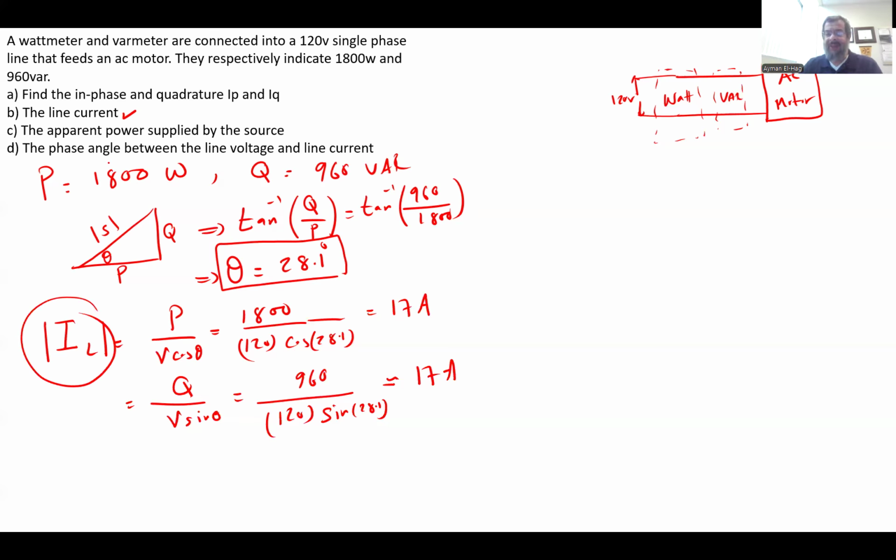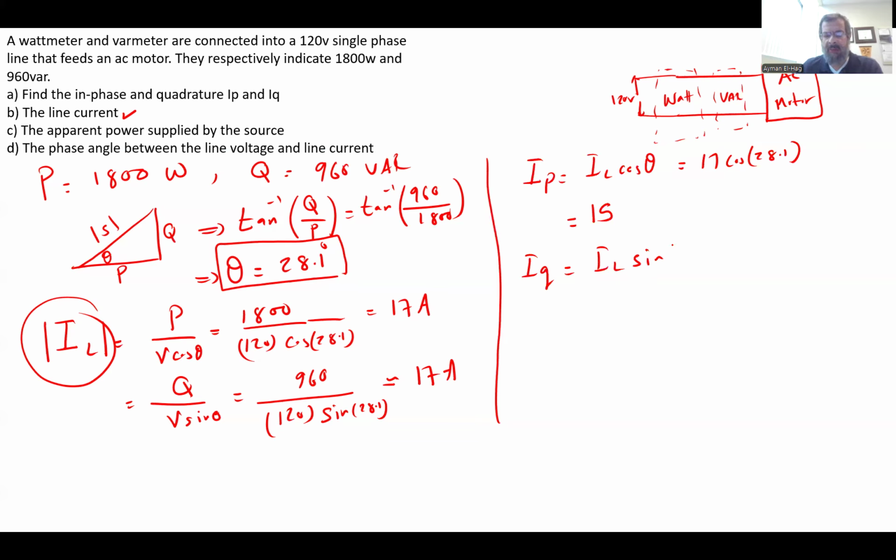Now to find the in phase and the quadrature components, the I in phase is equal to I line cosine theta, which is 17 times cosine of 28.1, and this gives me a current equal to 15. So I quadrature is equal to I line sine of theta.